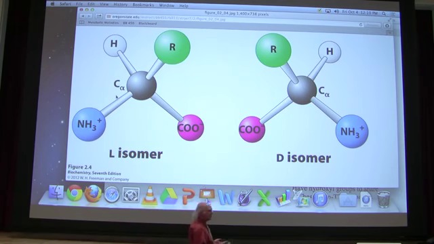The reason you should know is that when we look in biological systems, there's an amazing bias. Essentially, all of the amino acids found in proteins are in the L form. They are not in the D form. Why is that the case? Well, life evolved under conditions where having similar things made a lot of sense.